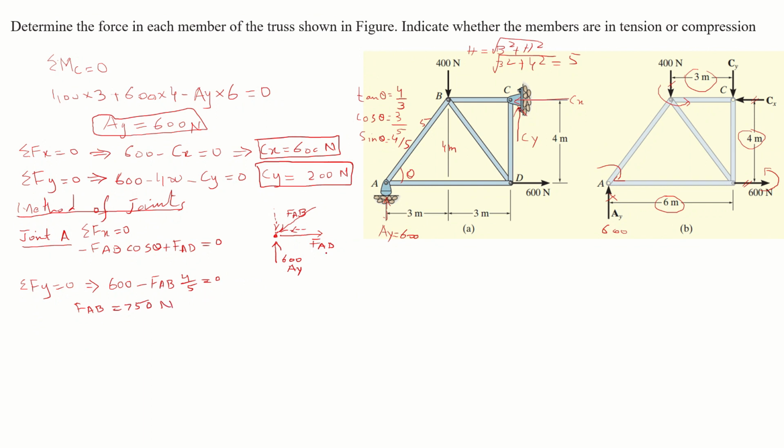and you can see this FAB is directed towards the joint, so it is a compressive force. So we place a C with this force, showing that it is a compressive force. Then we have the value of FAB.